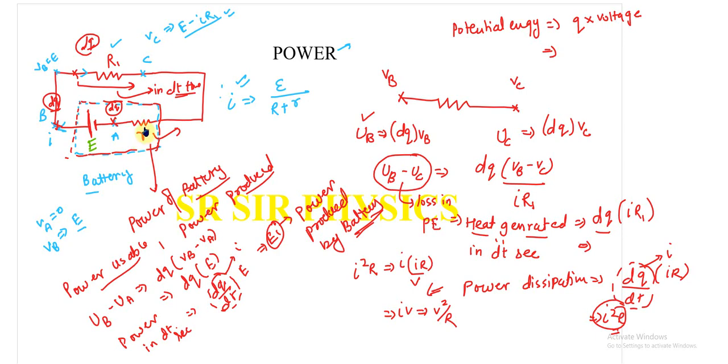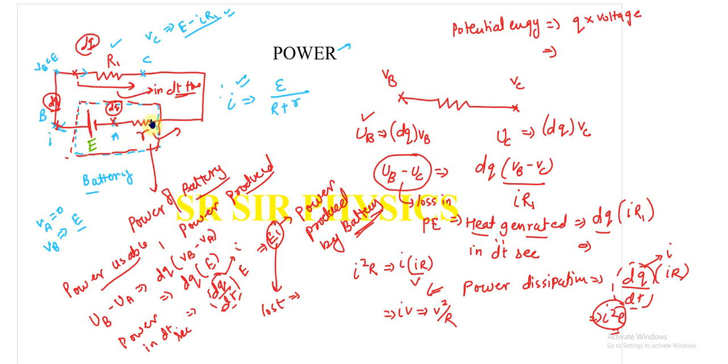We don't have to do anything. Every time it will take its toll. It means that some part of the power produced by the battery will get lost, in its own internal resistance.